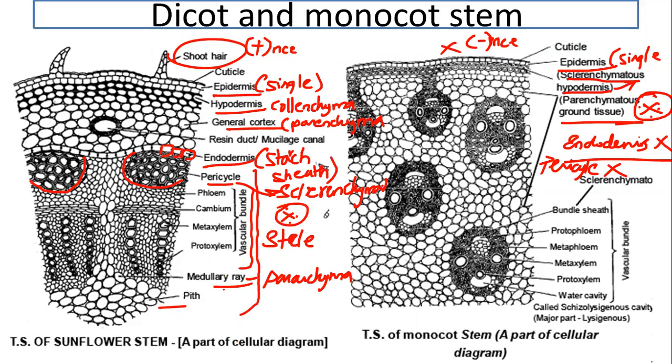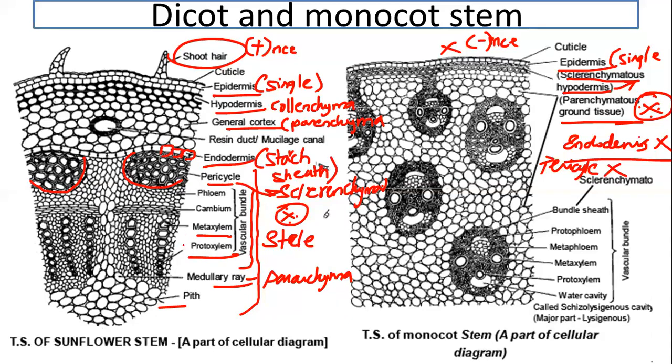And next one, vascular bundle. Vascular bundles are conjoint, and they are open with endarch arrangement. I hope you know what endarch is. Endarch arrangement is where the protoxylem will be present towards the pith, and the metaxylem will be present in the peripheral region.